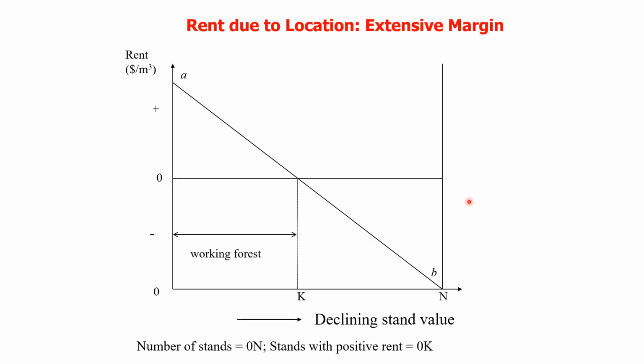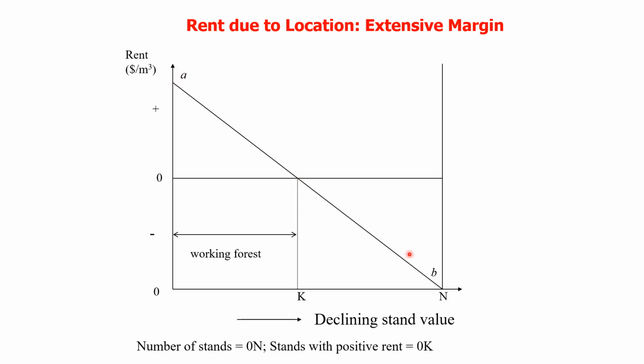So what happens when we do that? Here we look at the rent due to location, the extensive margin. We line up all of the stands that might be considered for harvesting, and we say that we have 0, n. So this distance represents all of the stands in all of the forests that are available for harvesting in British Columbia. The stands at n are worth a lot less than those at k. At k, the rent has gone to 0, so there's no excess rent.